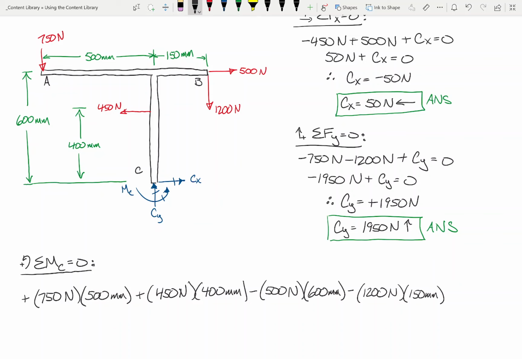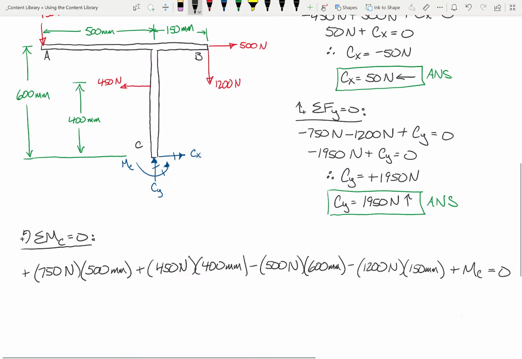I don't need to consider Cx and Cy because they pass right through point C. But what about the moment? Does the moment cause a rotation at C? Well, of course it does. It's a moment. So I'm going to add MC. I don't multiply it by a distance because it's already a moment. So that's all I've got to do.